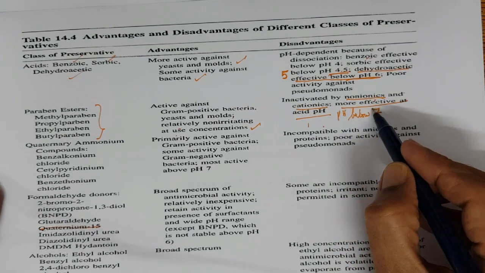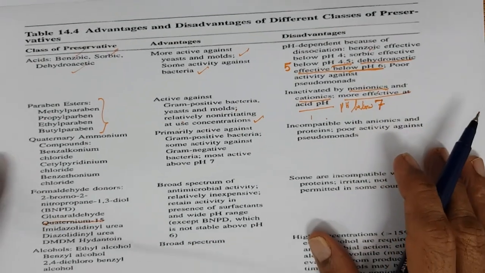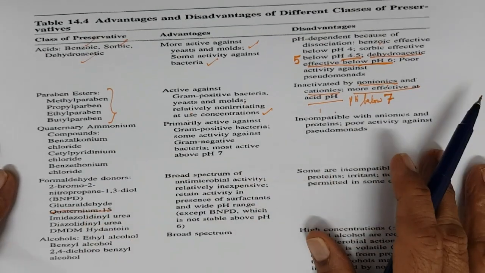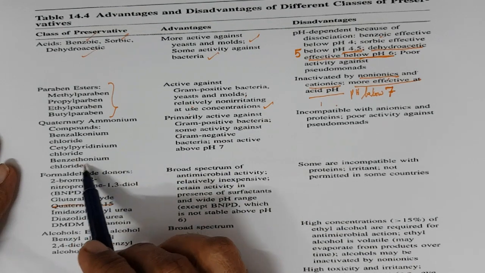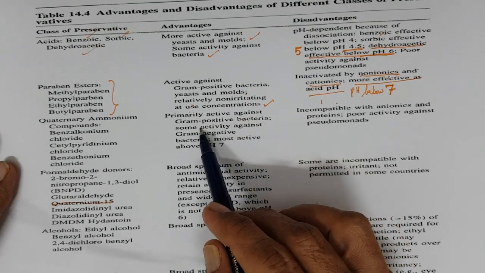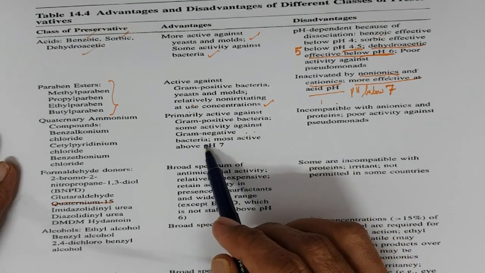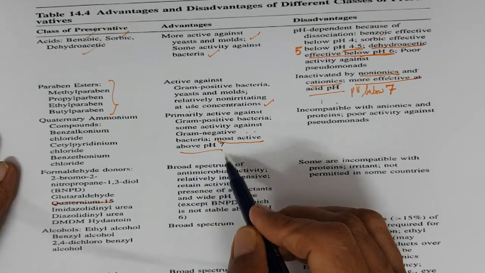Then the other class of compounds, quaternary ammonium compounds, benzalkonium chloride, cetylpyridinium chloride, benzethonium chloride, primarily active against gram-positive bacteria, some activity against gram-negative bacteria, most active above pH 7.